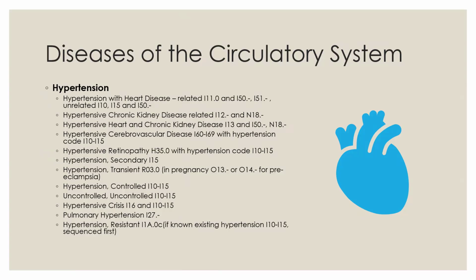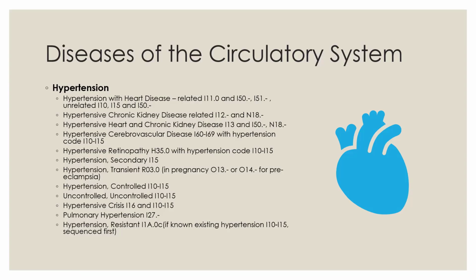Now, this particular section has a lot of guidelines that we need to make sure that we are following. Hypertension has a classification that presumes a causal relationship between hypertension and heart involvement and between hypertension and kidney involvement, as the two conditions are linked by the term "with."